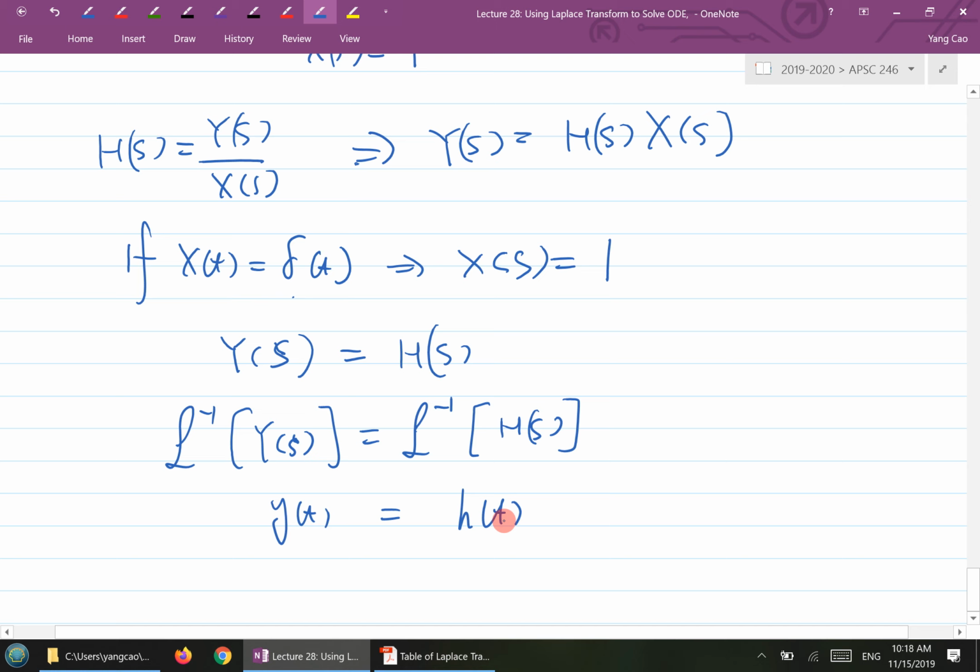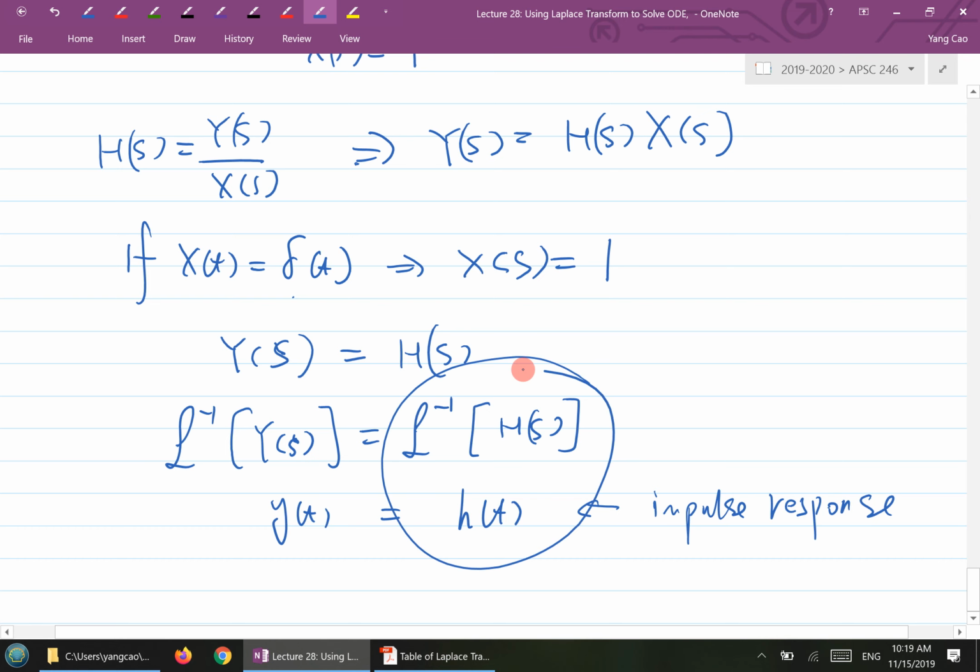By definition, when your input is an impulse signal, this y of t is called what? Impulse response. So basically your impulse response here is the inverse Laplace transform of the transfer function.